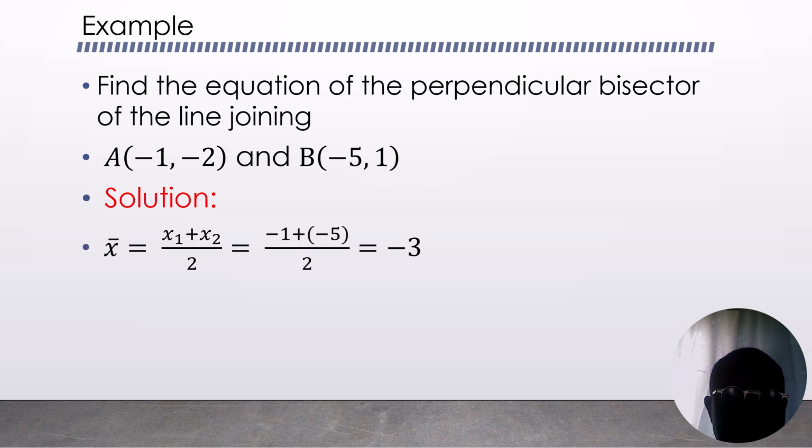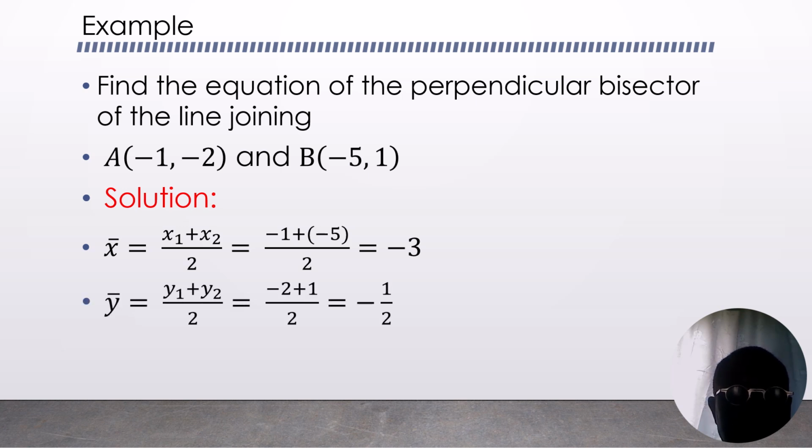Let us get the midpoint of the line segment joining A and B. x bar equal to x1 plus x2 over 2, which is equal to minus 1 plus minus 5 all over 2, and that is equal to minus 3. y bar is equal to y1 plus y2 over 2, which is equal to minus 2 plus 1 all over 2, and this is equal to minus half.